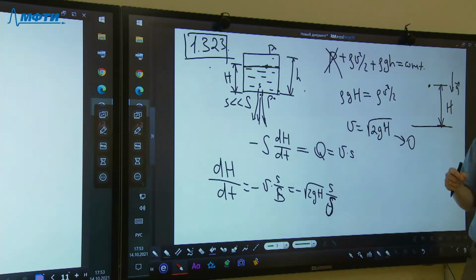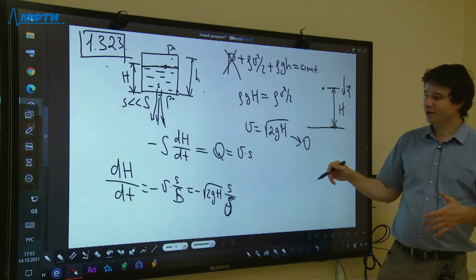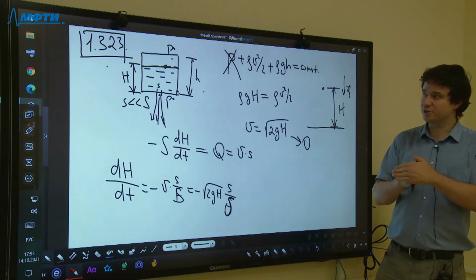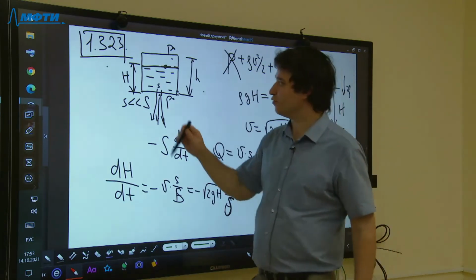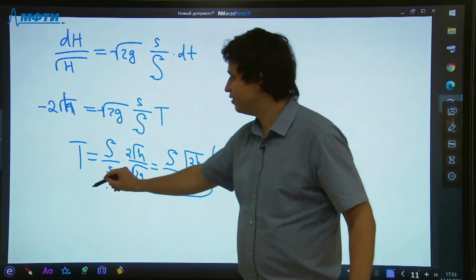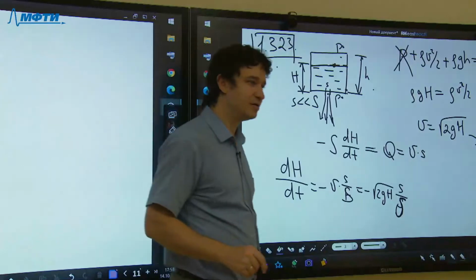So, and finally, when the level is approximately equal to 0, then this velocity is also almost 0. But nonetheless, even though the velocity decreases as a function of the height, it takes a finite amount of time for all of the liquid to leave the vessel.